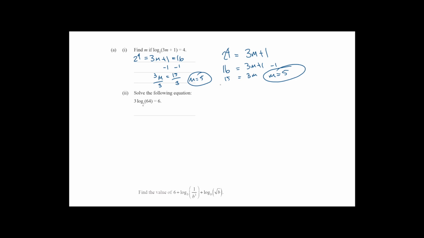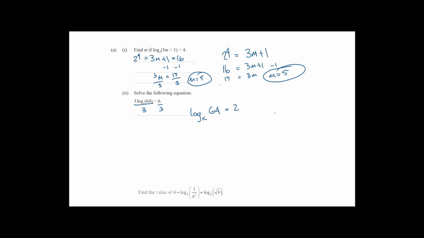Okay, same thing for this. Log base x, so the thing we're trying to find is in the base, of 64 equals 6. Let's divide both sides by 3, which we can do. So log base x of 64 equals 2.